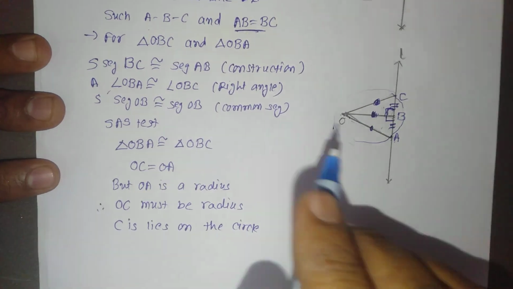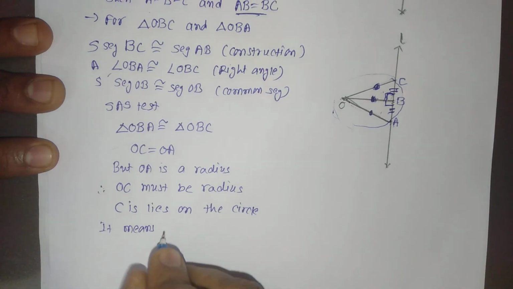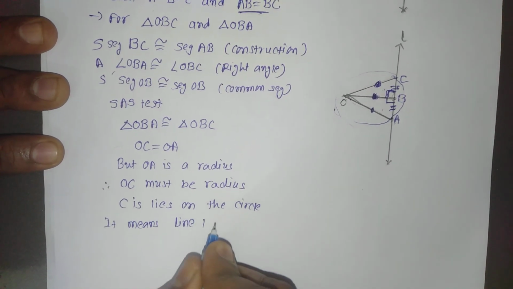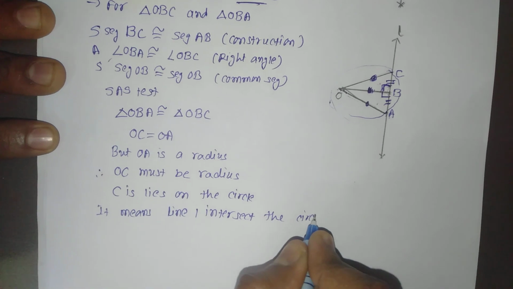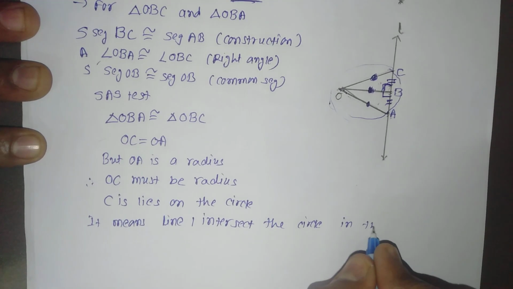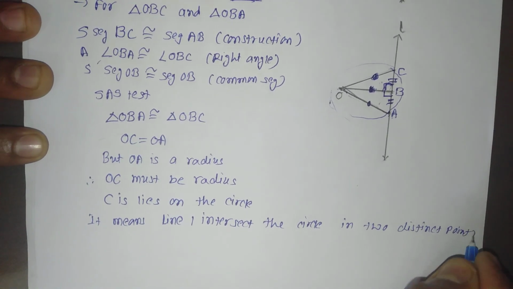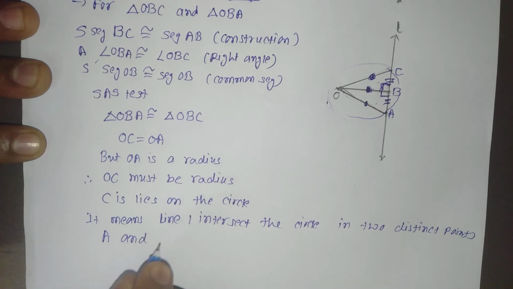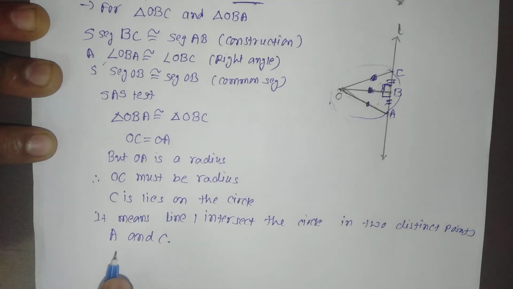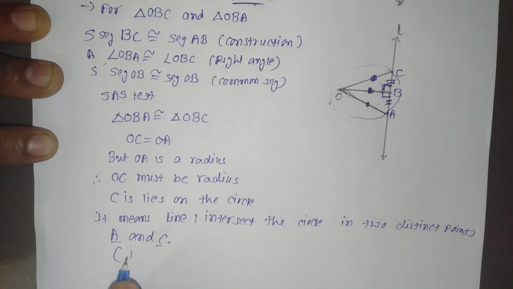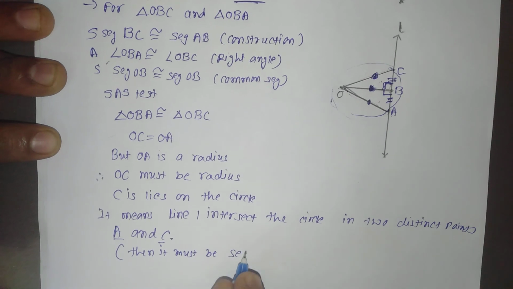It means line L intersects the circle in two distinct points, A and C. If it is intersecting at A and C, then it must be a secant.